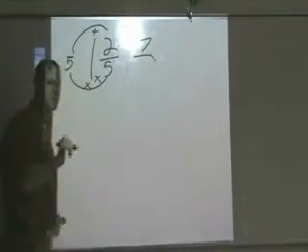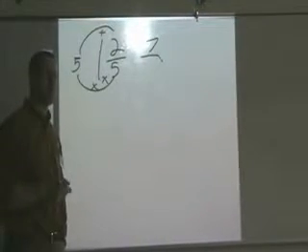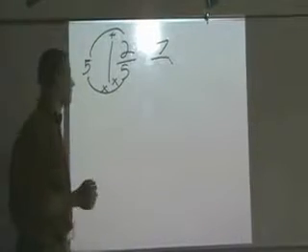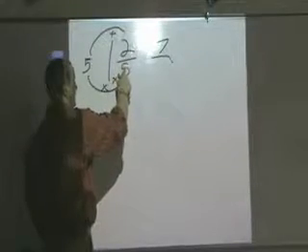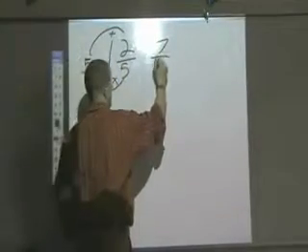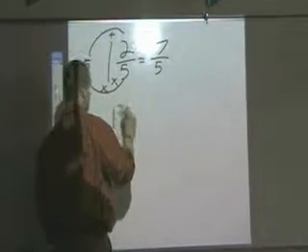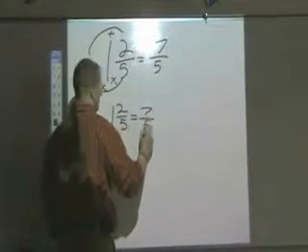Well, remember what I said about making an improper fraction into a mixed number? Remember what I said about what your denominator would do? Your denominator is going to stay the same. So what was my denominator in my mixed number? 1 and 2/5. My denominator was 5, so it's going to stay the same, 5. So 1 and 2/5 equals 7/5.